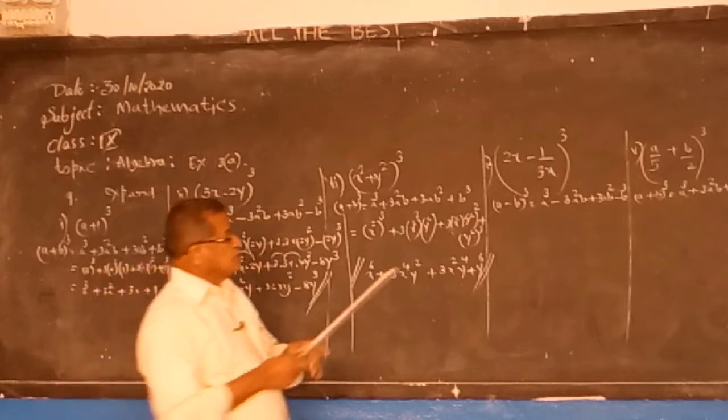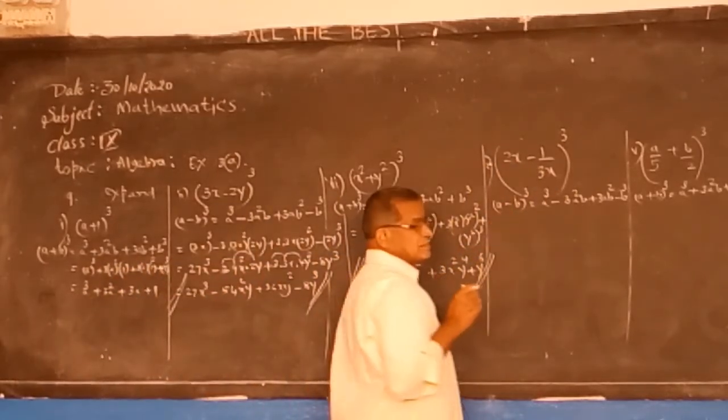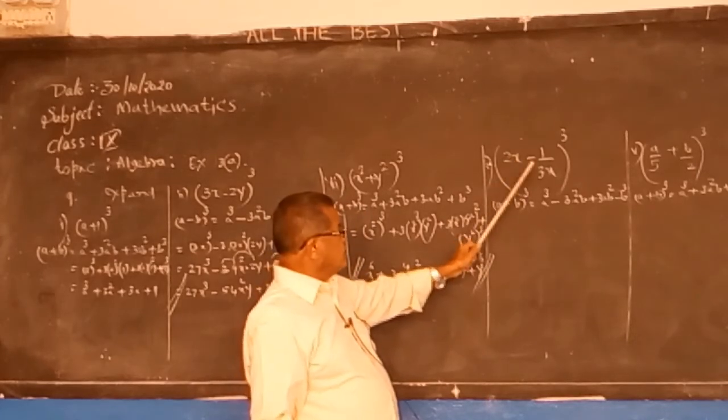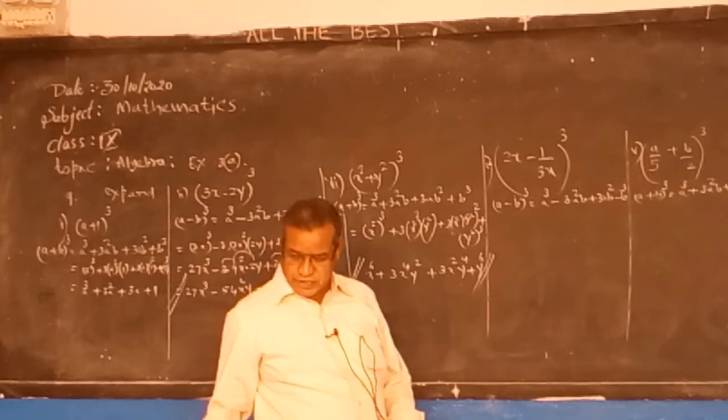And see, this is (a − b) whole cube. In place of a, there is 2x. In place of b, 1 by 3x, a fraction. You write it in fraction form.